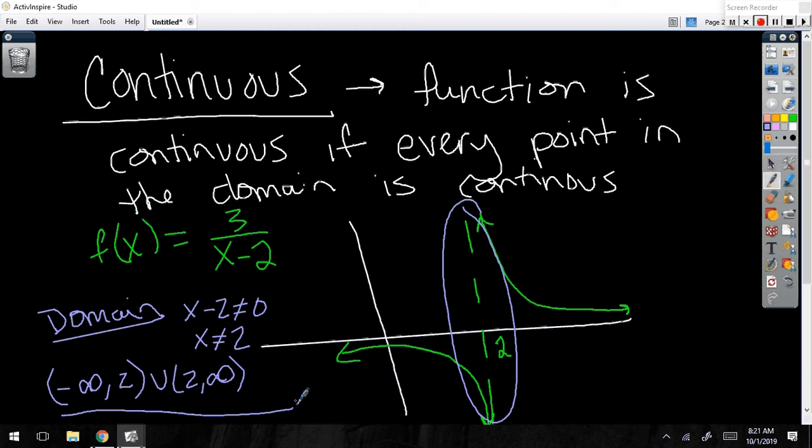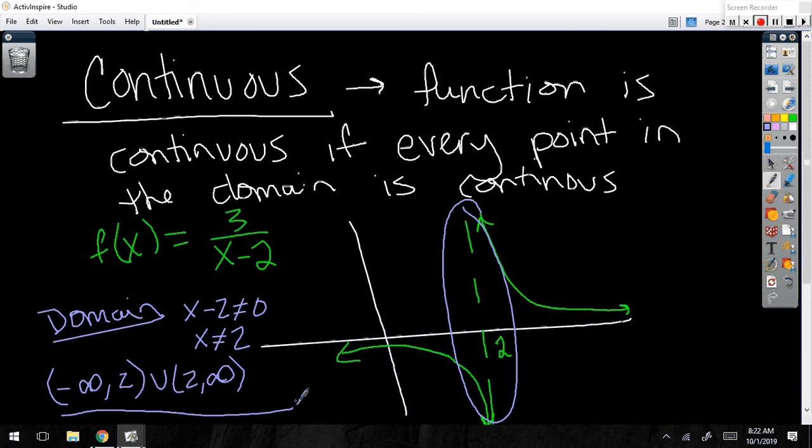Do you see the discontinuity, Olivia? The discontinuity is the vertical asymptote, right? If you leave that out of the domain, like I did here, then it does not affect its continuity. It does not make it discontinuous because I didn't include it in the domain, okay?